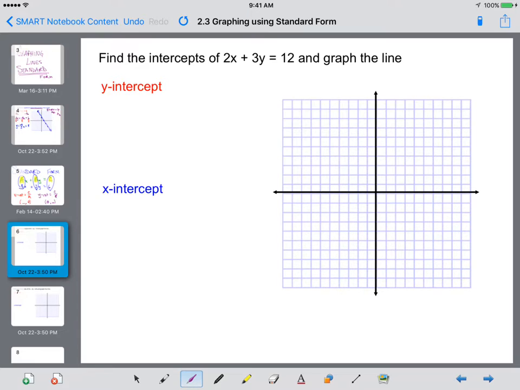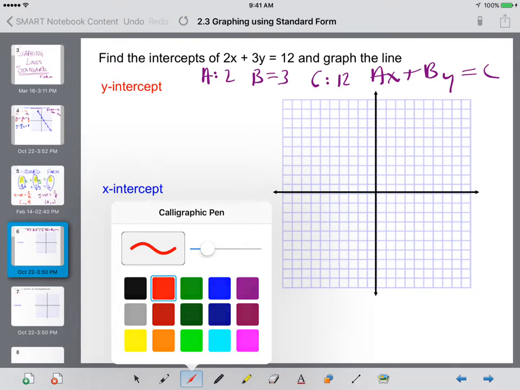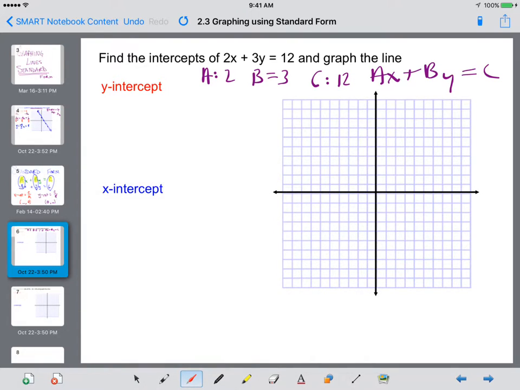So our standard form says that we have ax plus by equals c. So in this case, my a is 2, b is 3, c is 12. So to find the y-intercept, I'm going to take c divided by b to find the y-intercept.